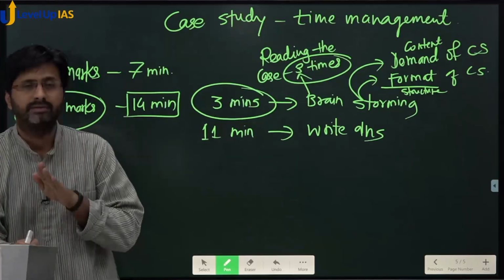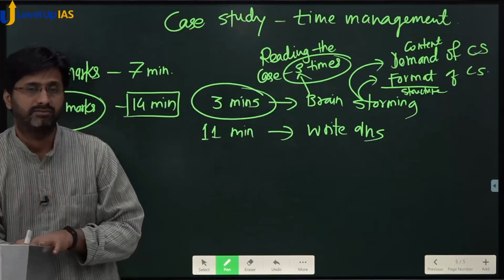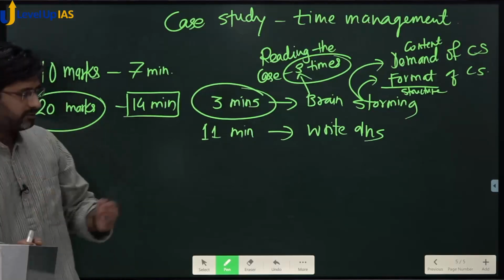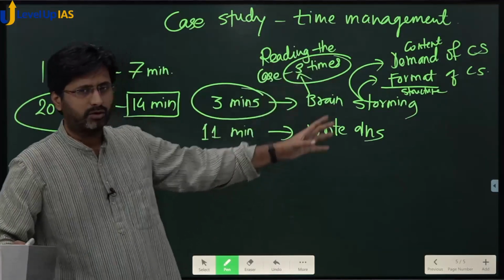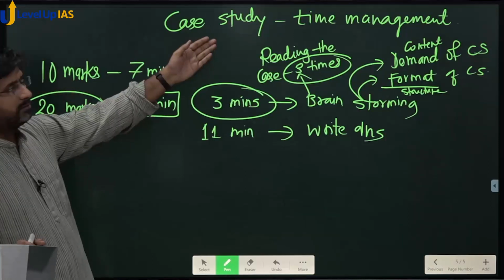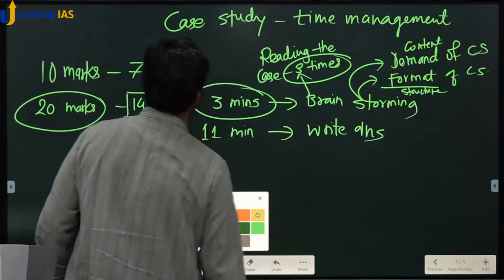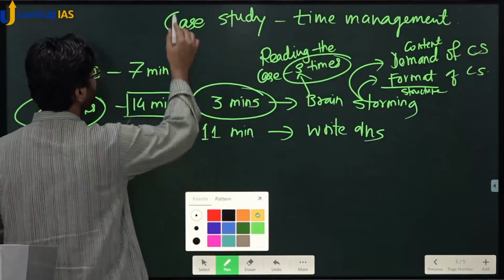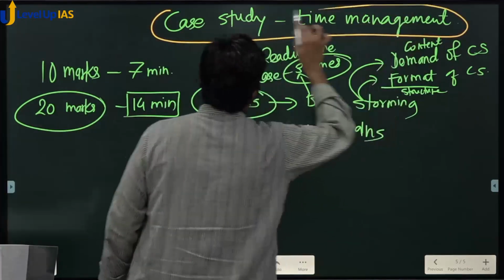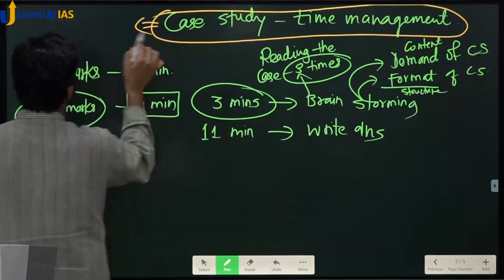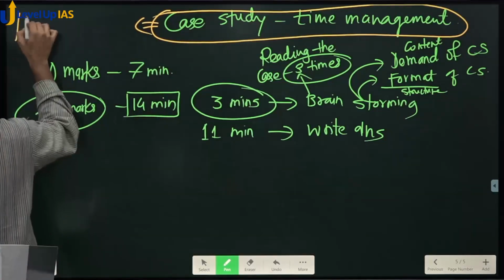So initially, basically, you have to actually read it 3 times. Because whatever I'm talking about here now, time management, all this so-called time management depends only on one thing, and that is, anybody?